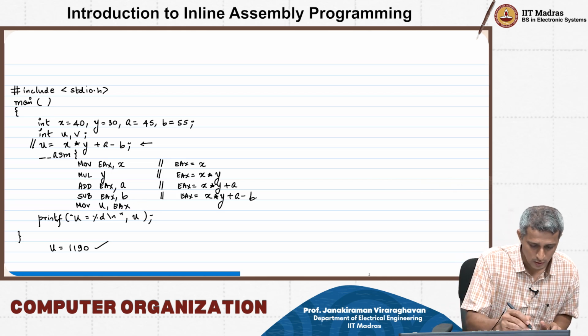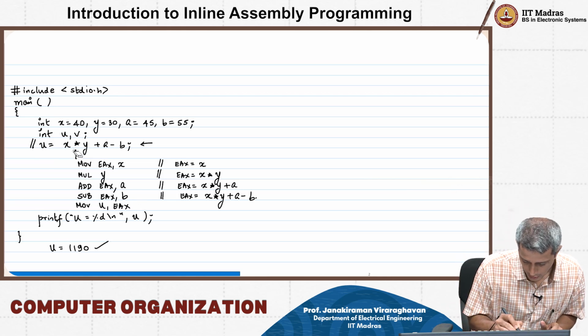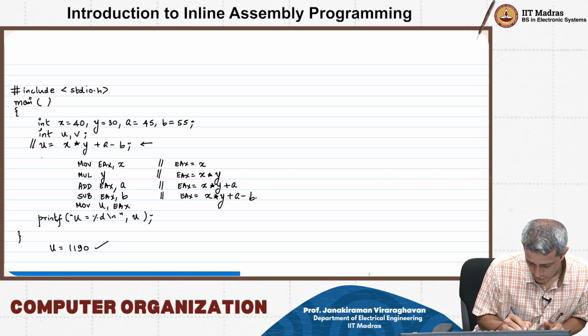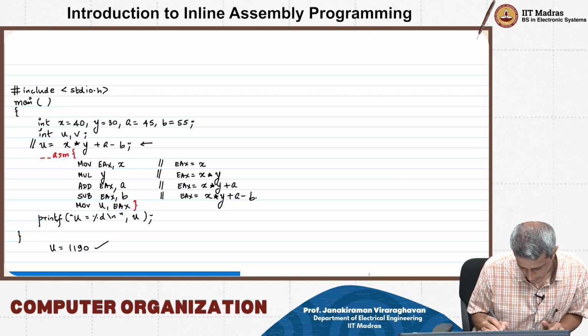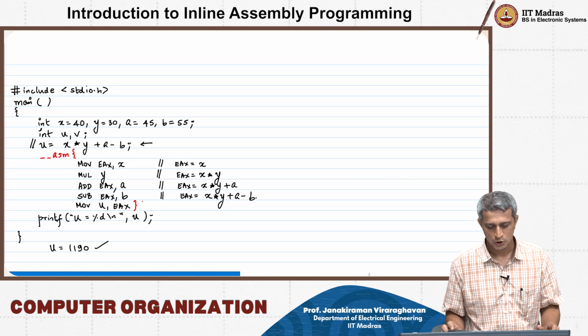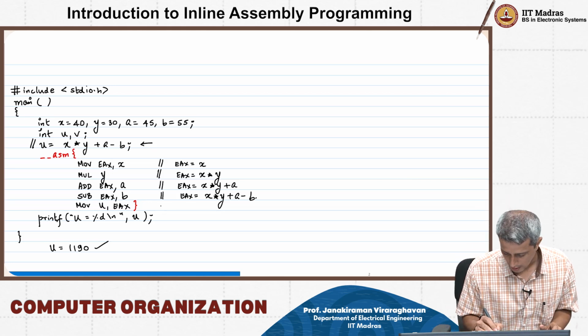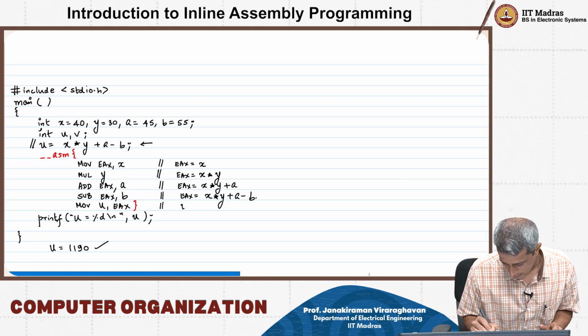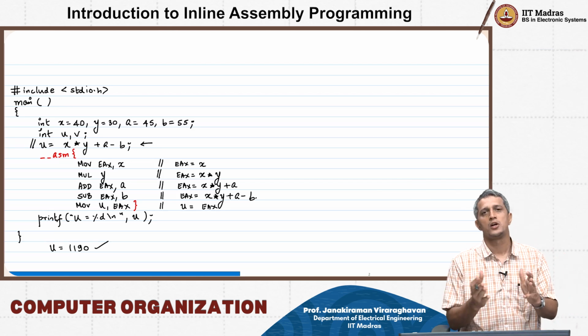Please note I will put this in red so that it is evident that I am switching to assembly. ASM. I will close this bracket here. So the final statement here is what is going to set u to EAX, that is x into y.